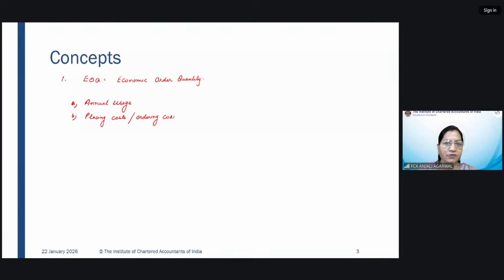These are the costs which you incur when you arrange for placing an order. So when you place an order, what could these costs be? This could be your freight costs, the loading or unloading cost of material.